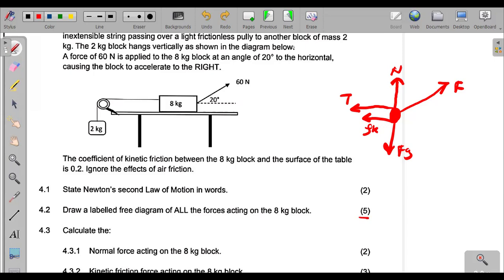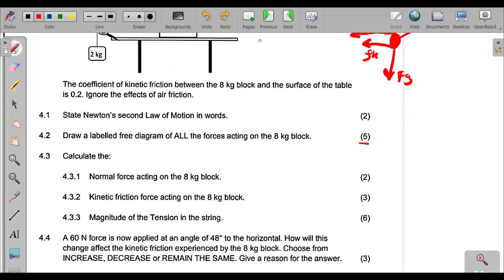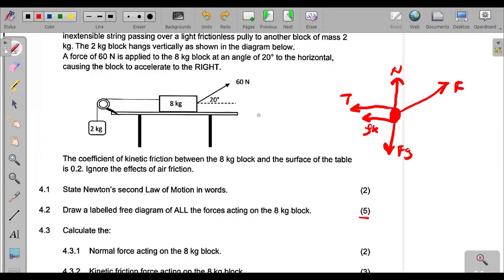So 4.3.1: calculate the normal force acting on the 8 kg block. First things first, on the 8 kg block, indeed, we have the normal force acting upwards. But is it the only force that is acting upwards?